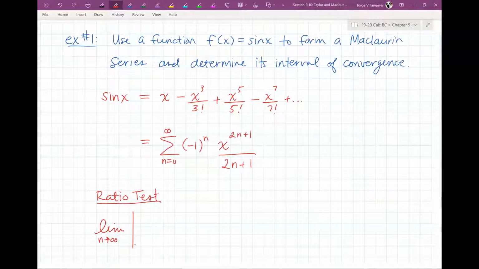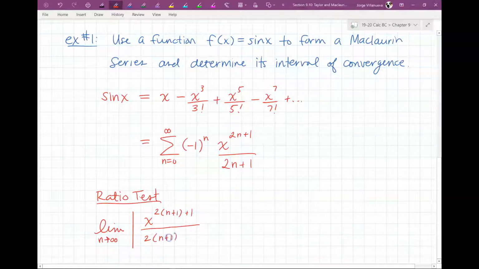Okay, so remember the first thing is x to the 2 times n plus 1 over 2 times n plus 1 plus 1. Remember, you're always supposed to add 1 to the n value, right? So it should be n plus 1. It's a sub n plus 1 divided by a sub n. That's a definition. Times 2n plus 1 over x to the 2n plus 1.